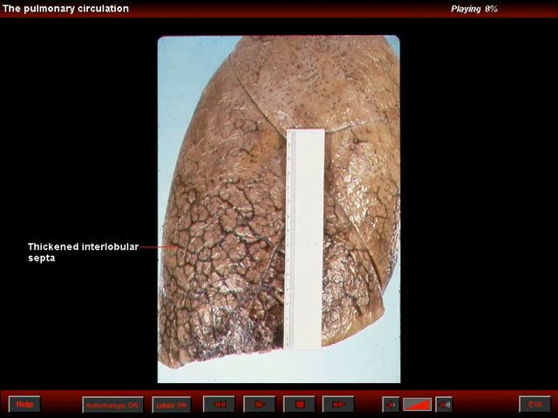In this close-up of the right lower lobe, we can see distinctly thickened interlobular septa, which appear reddish, and they had histologically hemosiderin-laden macrophages, and there was increase in the connective tissue and edema as well. This patient died with chronic congestive heart failure.